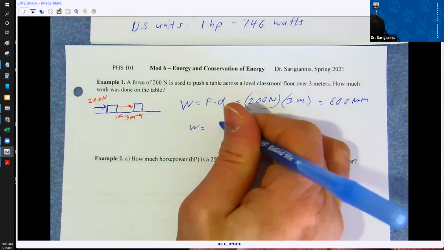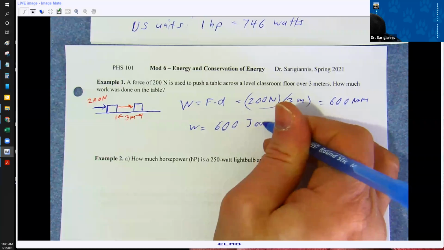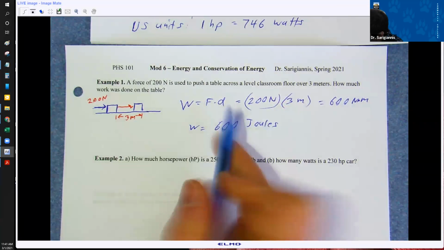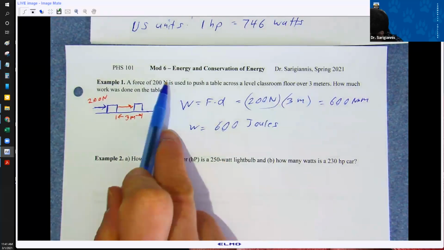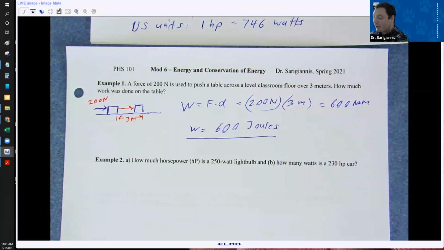So the work is 600 joules. And notice we don't have to worry about significant figures. We've got 1 and 1 and 1, so we're pretty much okay here. So that's the work. Very simple example. Work is force times distance. Newtons times meters gives us joules.